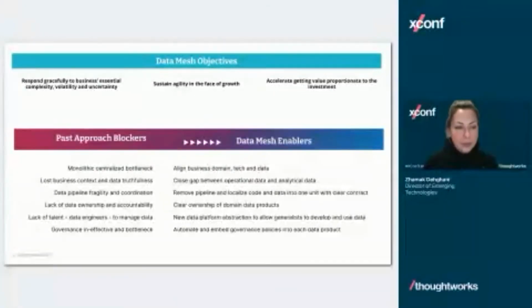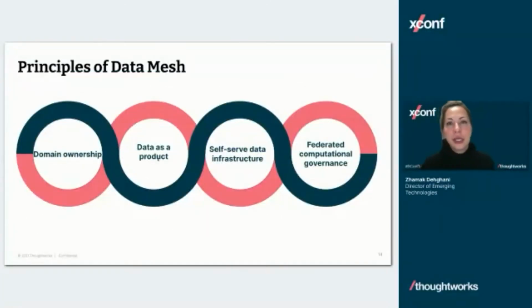So what are the pillars? At the heart of it is the leftmost pillar: we've got to find an axis around which we can decompose our organization, our ownership of the data, and the architecture to keep the data, so that we can scale out with the growth of our organization. That's domain ownership, the domain-oriented or domain-driven decomposition of data architecture.